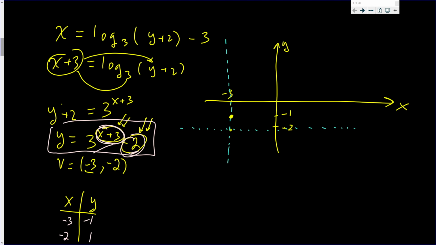And when x is negative 2, y is positive 1. And I draw my curve with 2 points and the vertex.